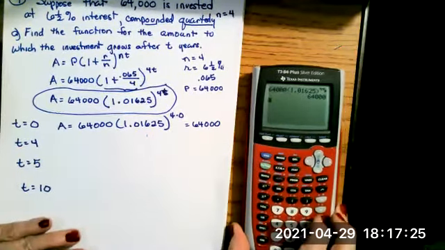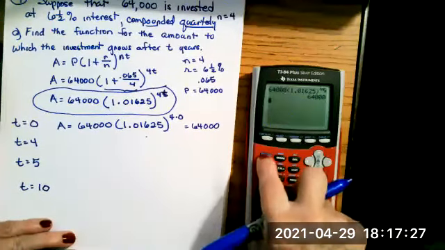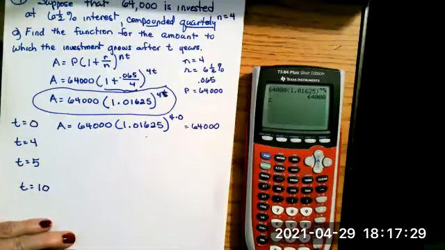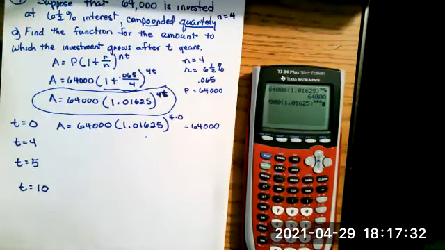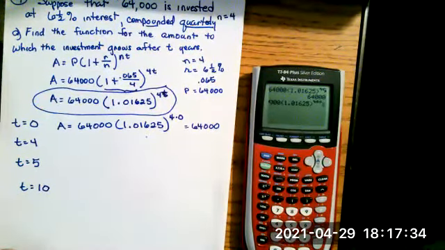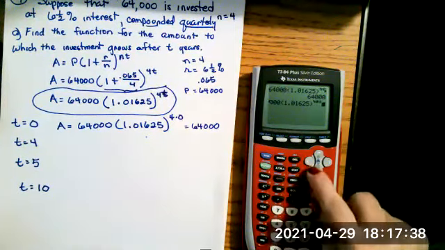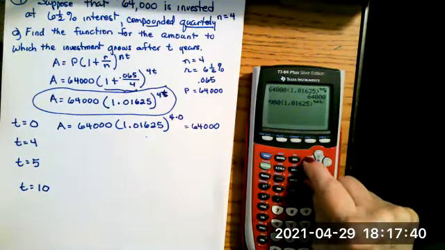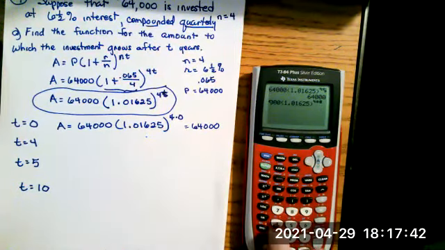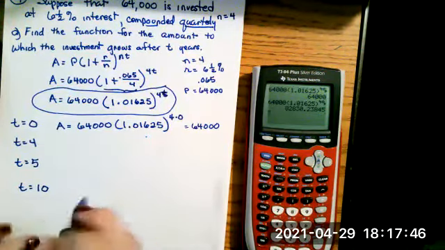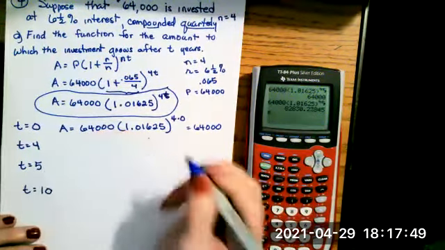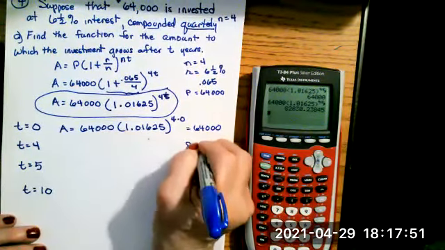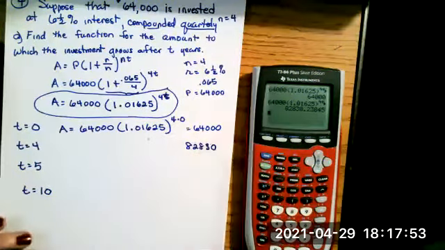Now, I hope that you remember that you can hit second and the enter key, and it will put your problem back down in there. So you don't have to type that every time. Then you can just go backwards and put in where it says 0, 4, and hit enter. And you get 82830.